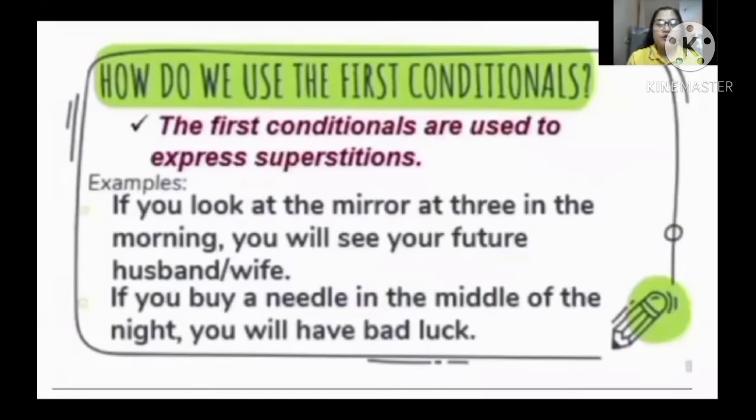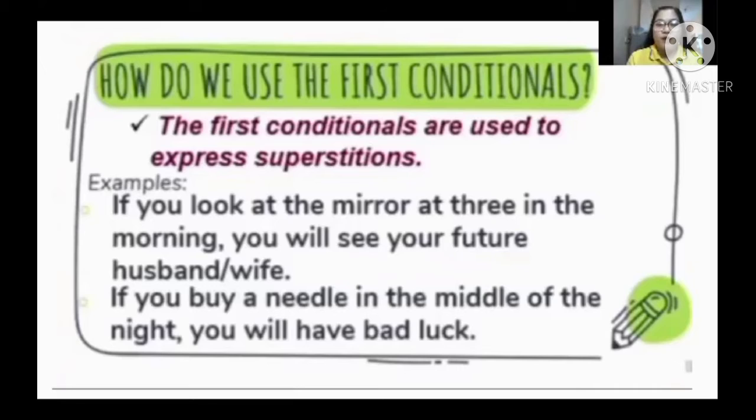Another use of the first conditional sentence is to express superstitions. When we say superstitions, these are fictional statements. In Filipino, ito yung tinatawag natin na pamahiin. If you look at the mirror at 3 in the morning, you will see your future husband or wife.